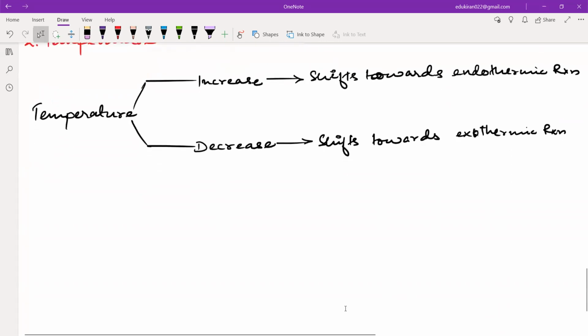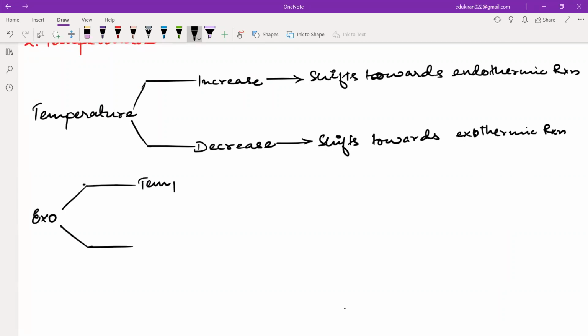Now I can also say something if we have been given an exothermic reaction. What will happen if I increase the temperature, and what is going to happen if I decrease the temperature? Please remember when I say exothermic reaction, it is the type of reaction in which in the products we are getting some heat.